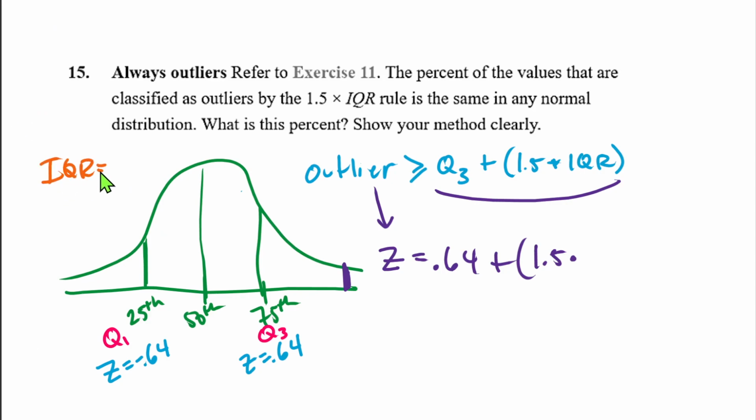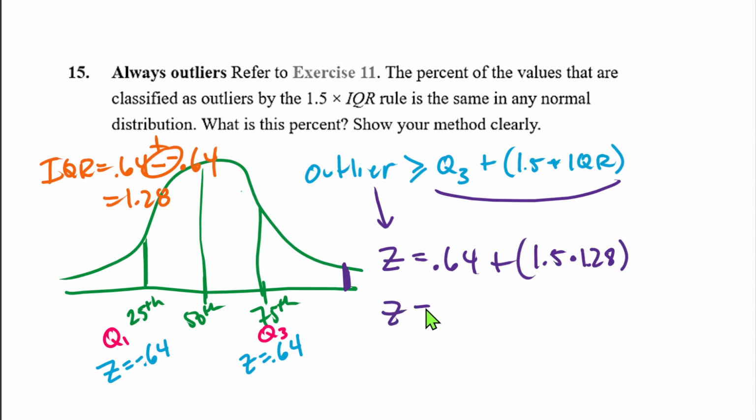The distance is the right minus the left. So that would be 0.64 minus negative 0.64, which is 1.28. So the interquartile range is 1.28.